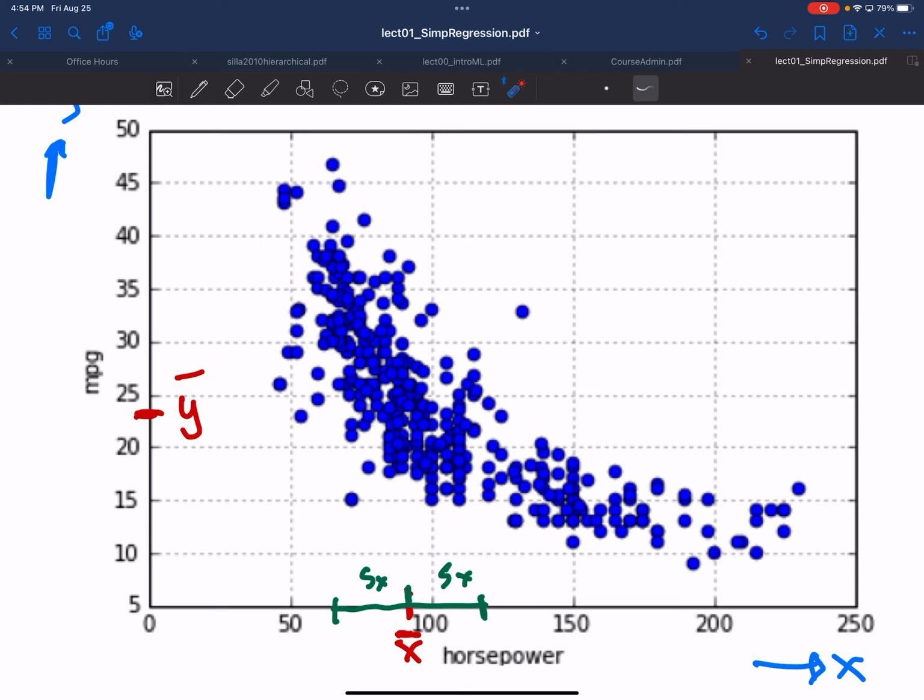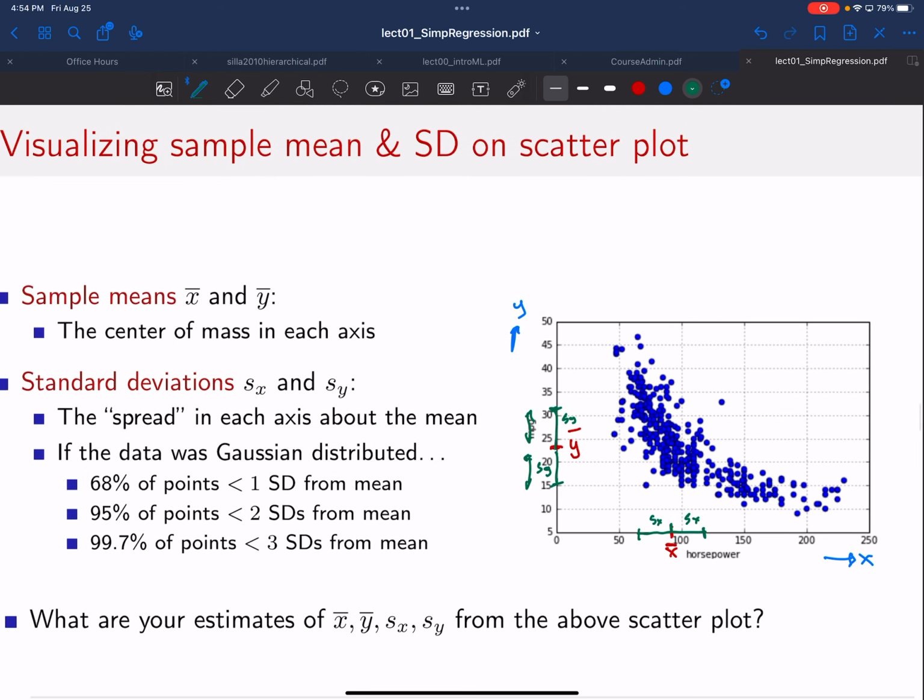Notice that most of the samples are in the middle. There are a few out here, but really most of them are in the middle. So that's why I'm guessing that this standard deviation is not so big. But we'll compute it in just a couple slides. And then for Y, we have something similar, Sy. Okay, so those are what those quantities are.